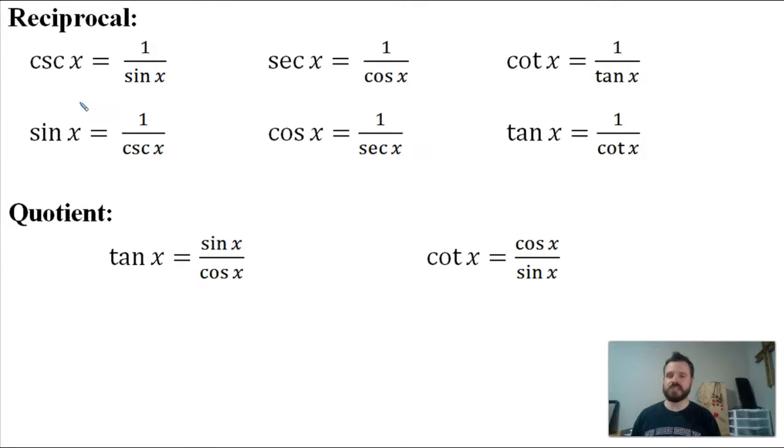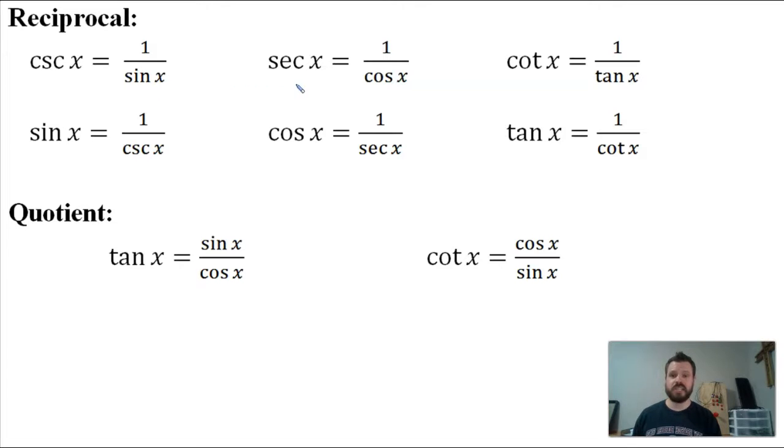When I say these are identities, what I mean is that cosecant x is equal to 1 over sine x. What we mean by an identity is that these two expressions are equal to the same thing. They mean the same thing. They're just different ways of writing the same thing. Now with these reciprocal identities, notice that the cosecant and the sine match up together, just like we've been talking about all semester long, whether it's by definition or with the graph.